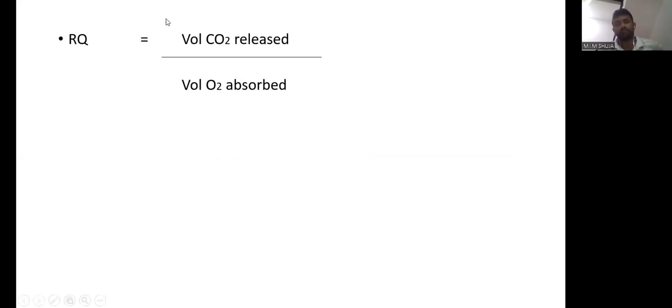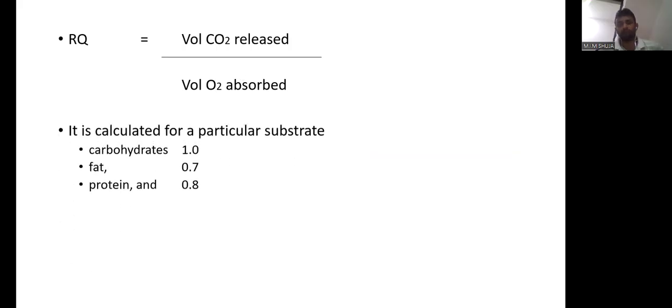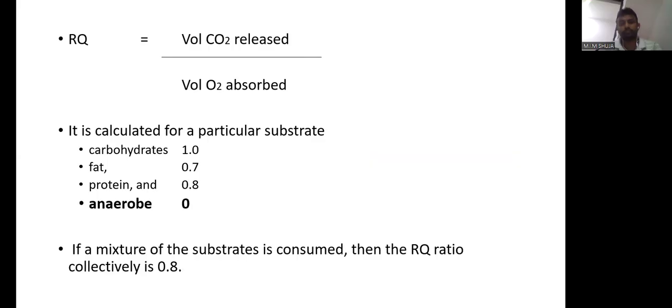In simple terms, respiratory quotient is the volume of carbon dioxide released divided by the volume of oxygen absorbed. There are different respiratory quotients for different substrates. For anaerobic, it is 0. In a mixture of substrates, usually what we consume for our meal, the RQ or respiratory quotient is 0.8.